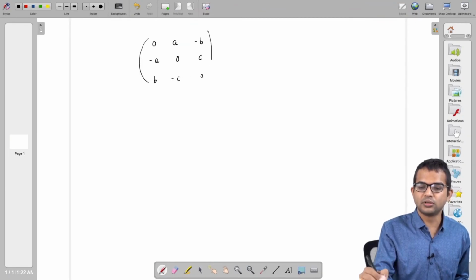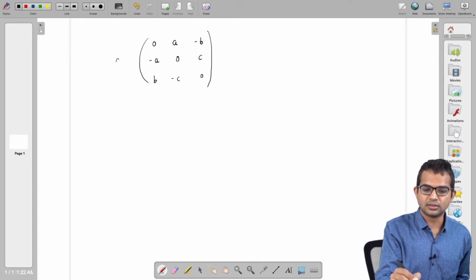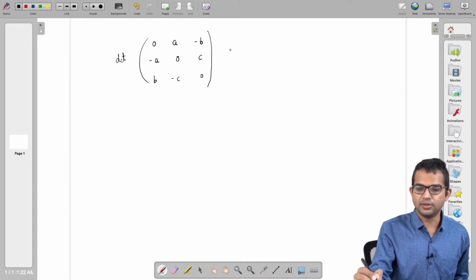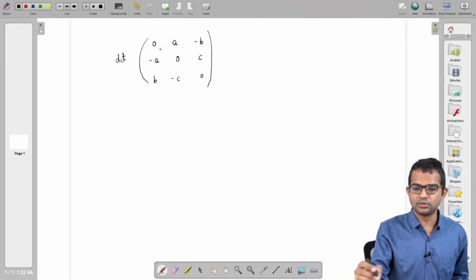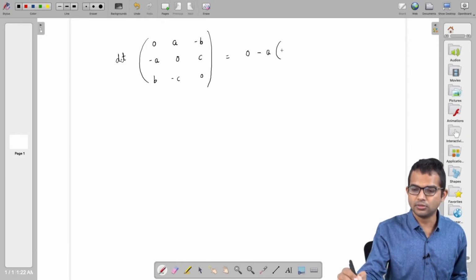Whenever you have zeros like this, it makes life even easier, right? So let me go along this first row. I have this equal to 0, minus A times: A into 0 will give me just 0, minus BC.